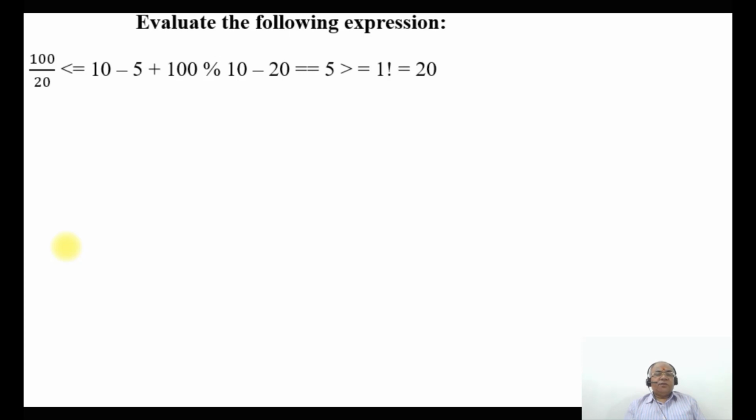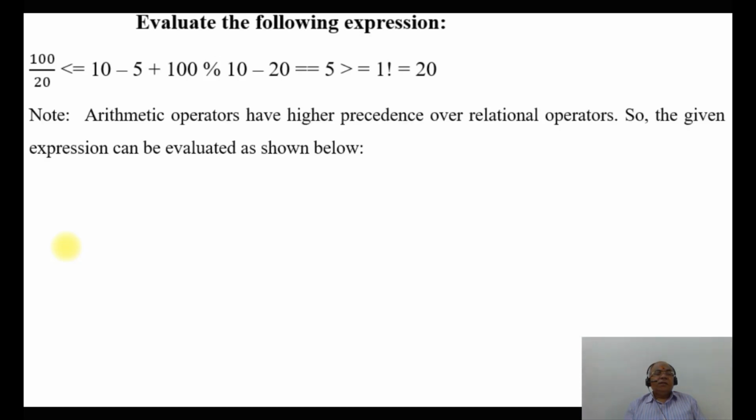Evaluate the following expression: 100 divided by 20 is less than or equal to 10 minus 5 plus 100 % 10 minus 20 equals 5 is greater than or equal to 1 not equal to 20. We know arithmetic operators have higher precedence over relational operators. Higher precedence means it will evaluate those first and then come to the next. That is what is called higher precedence.